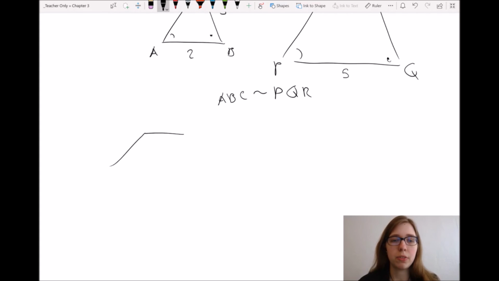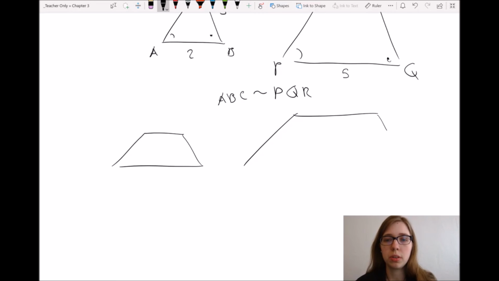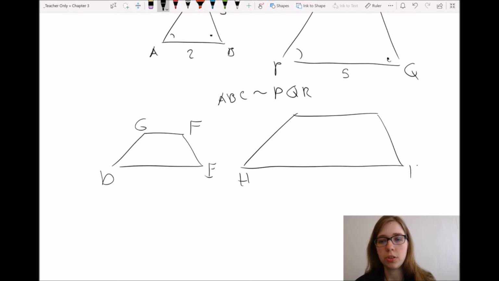So if I have some sort of quadrilateral that is similar to another quadrilateral, let's say DEFG and HIJK, then I can also say that DEFG is similar to HIJK.